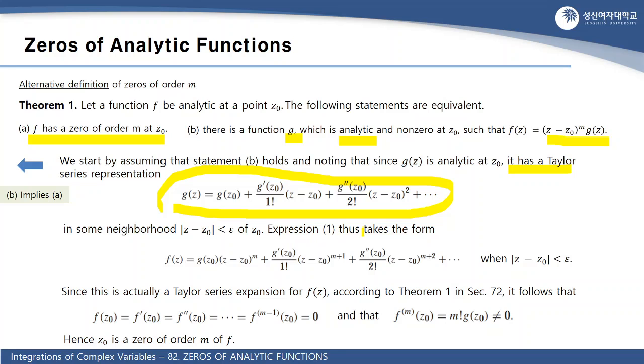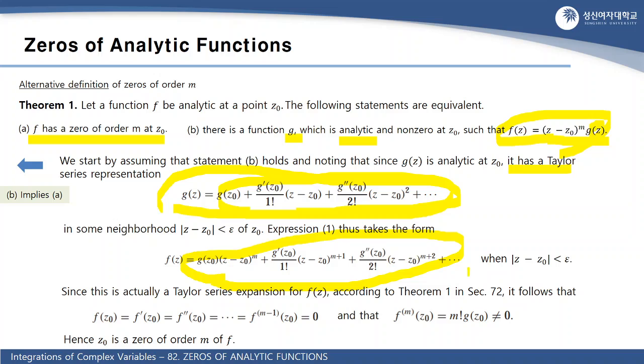Expression 1 thus takes the form here. We replace this representation for g(z), then we get this, where |z - z0| is less than epsilon.